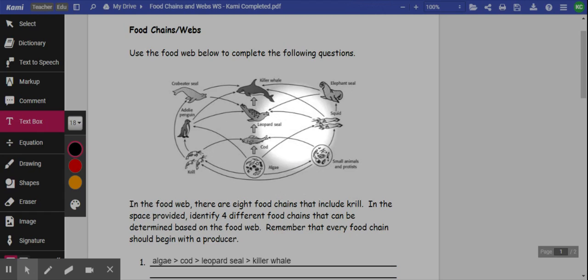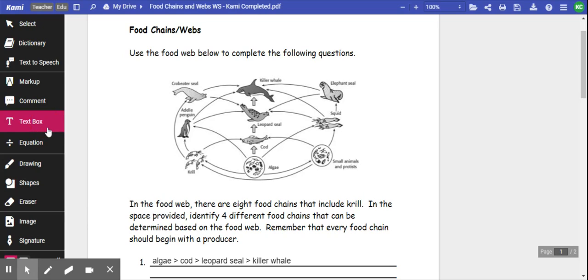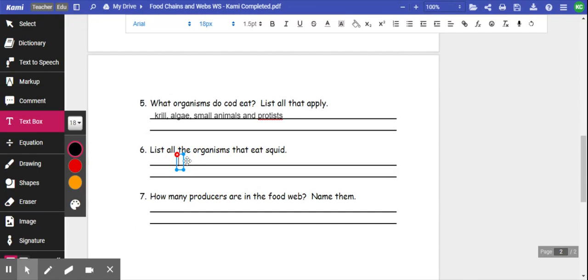The arrows are pointing to the squid from algae and small animals and protists, which means the squid is getting energy from or eating the algae and small animals and protists. But it's giving its energy to the elephant seal, the killer whale, and the leopard seal, which means that they are eating the squid. So we have leopard seal, killer whale, and elephant seal.